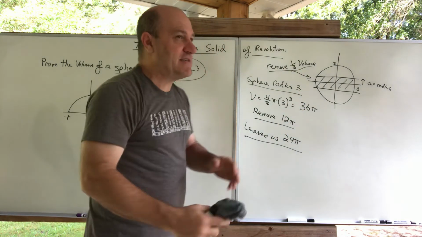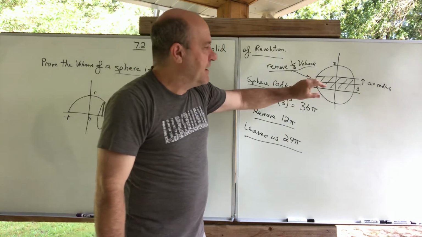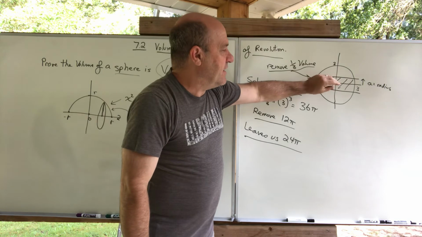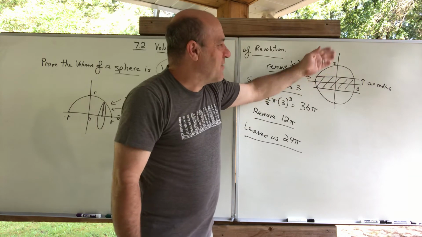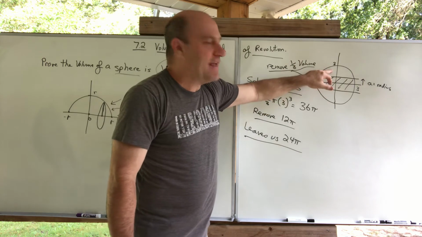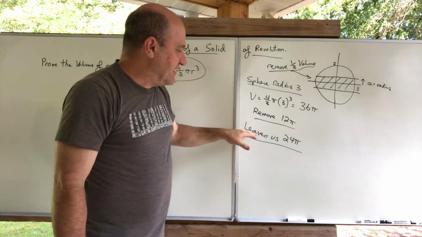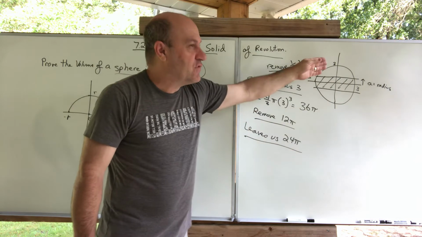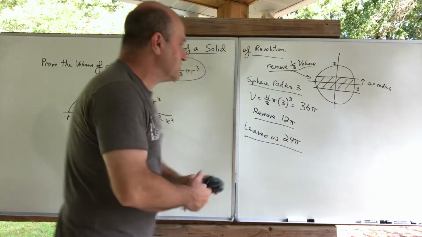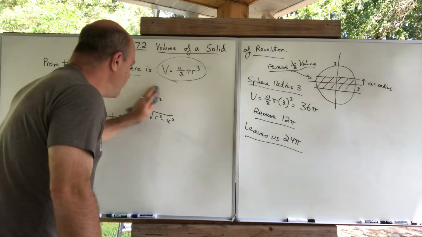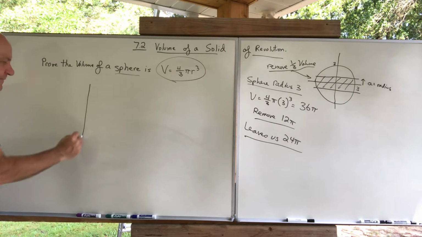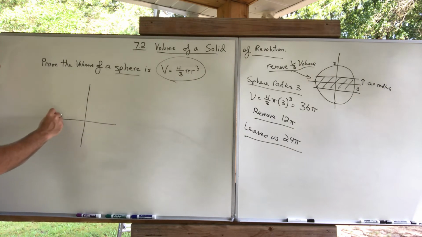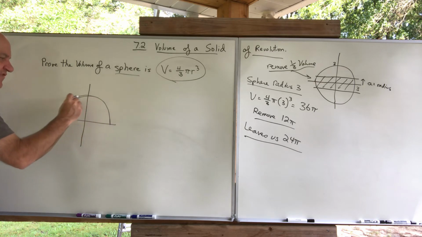It depends on how I set this problem up. I can set it up to calculate the removed volume, or I can calculate the remaining volume. I think I want to calculate that white area, which is the 24 pi, the 2/3 of the volume that remains. So let's set up a better picture over here.